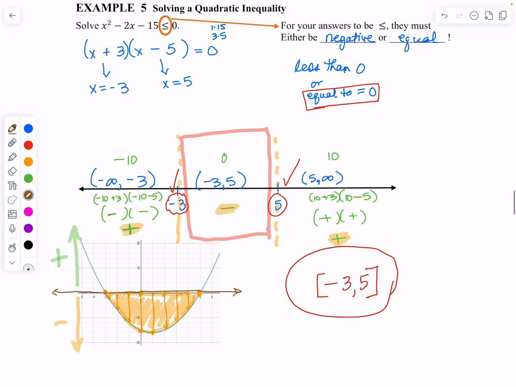Okay, so that is a good way to just check. If you already know how to use your graphics calculator, you can check, and these things are the same. So they check out.